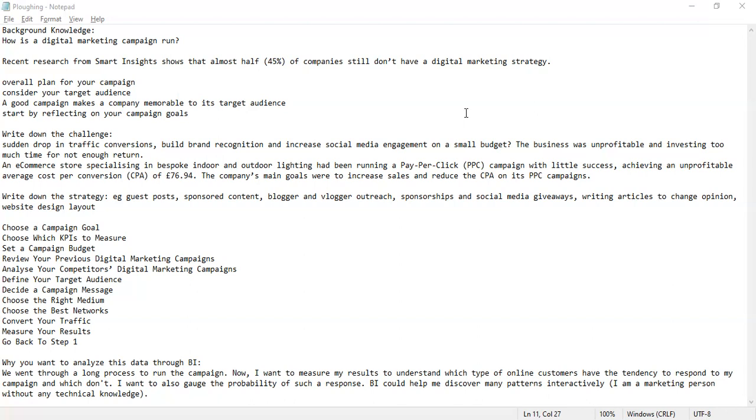Okay, so you need to choose a campaign goal and you need to choose which KPIs to measure. I'm not asking you to develop a digital marketing strategy. What I'm asking you to do is to realize that this is a difficult thing. Based on the data that has been given to you, you have to develop a strategy, but not as complicated as mentioned here.